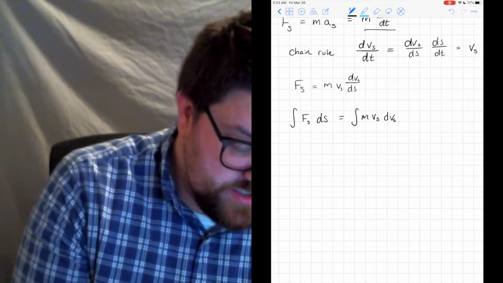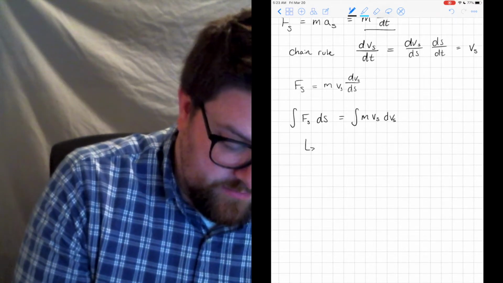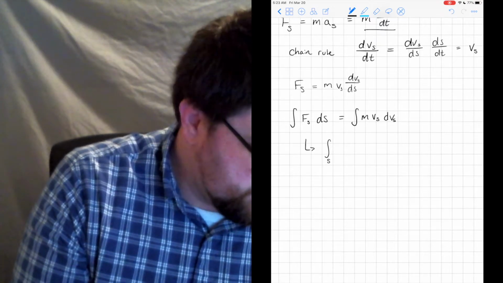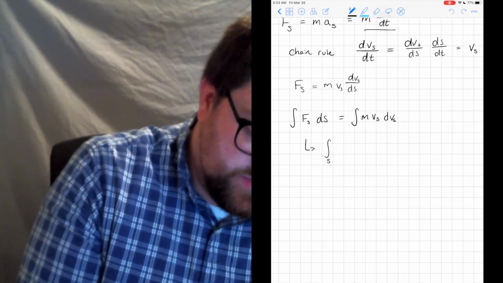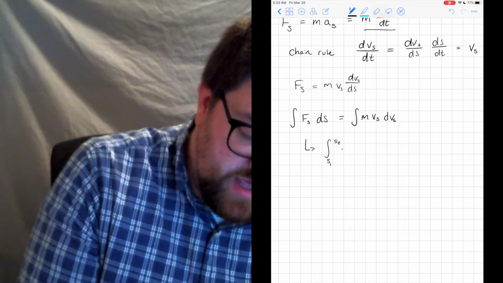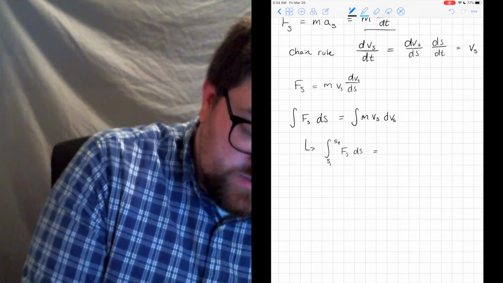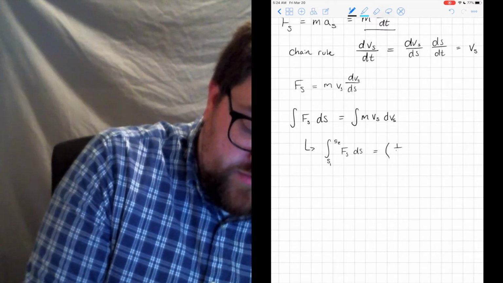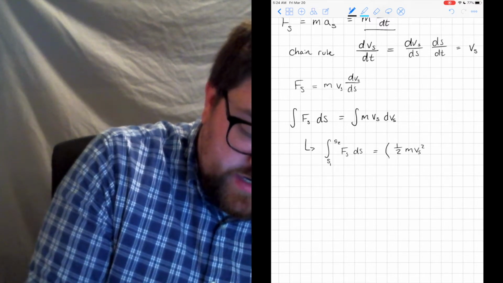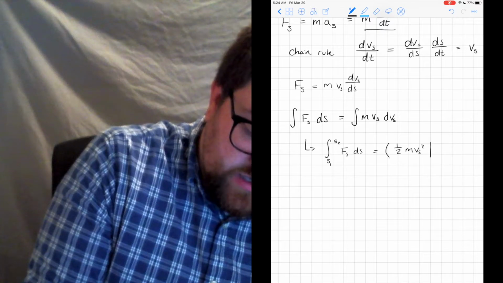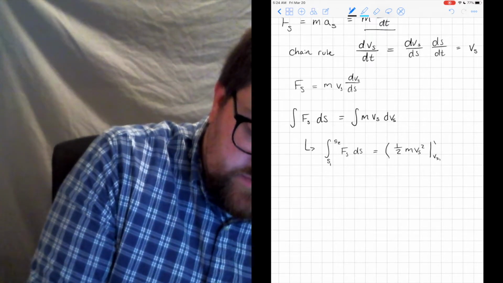And this turns into the integral from s1 to s2 of Fs ds. That's equal to 1/2 m vs squared when evaluated at vs1 and vs2.